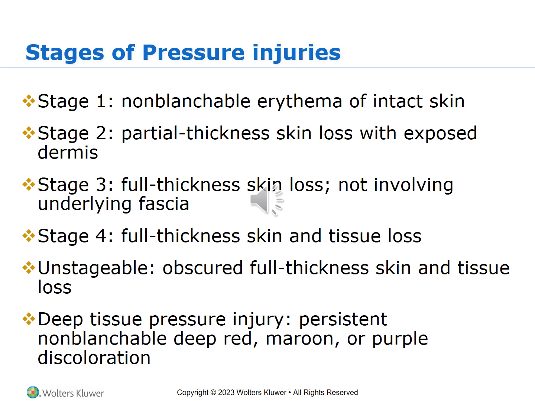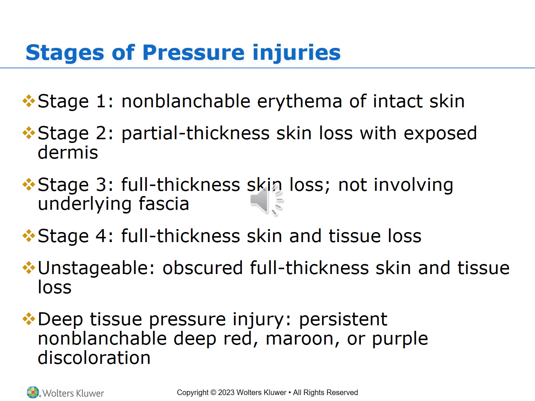Then if we look at a stage 3, it is a full thickness skin loss, not involving underlying fascia. So for a stage 3 wound, adipose tissue is seen or visible. So we're going down to our subcutaneous level of the skin.